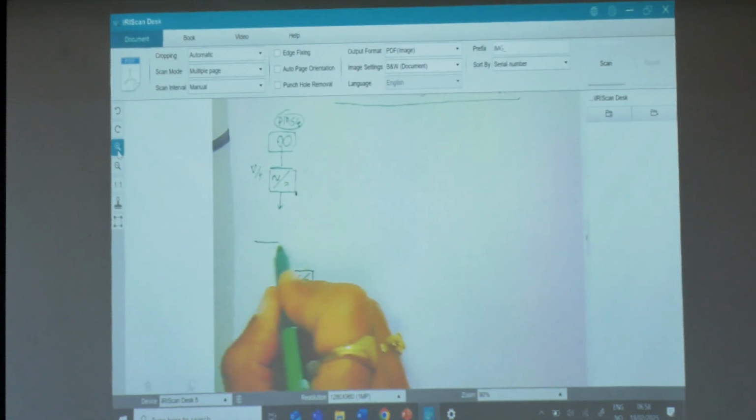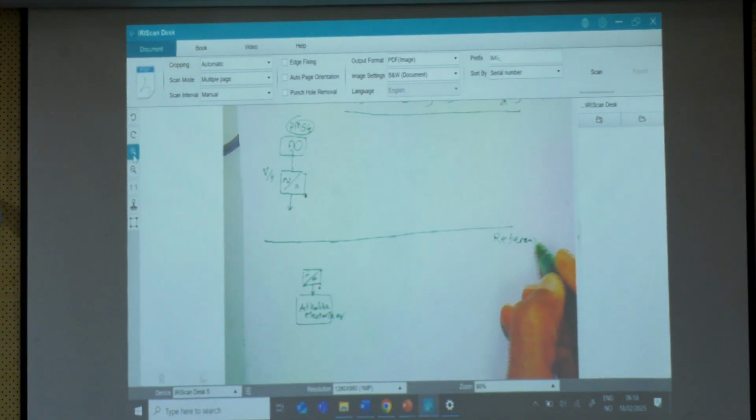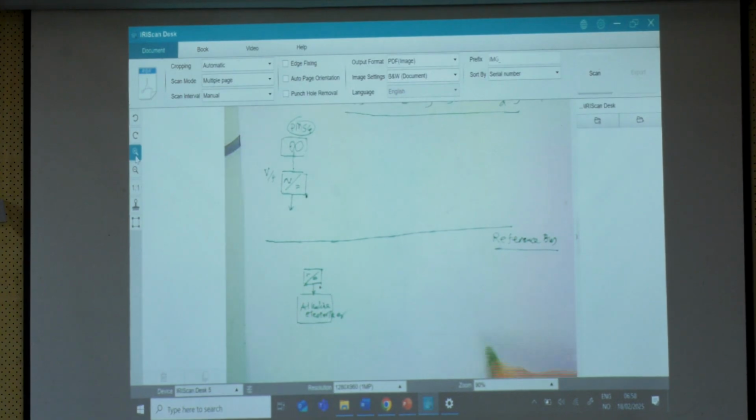So, let us say I am making one reference bus here. This reference bus, let us say I can call it a DC bus. In this DC bus, we will monitor the DC voltage sustainability, and this DC voltage sustainability on the DC bus is going to be the key factor.